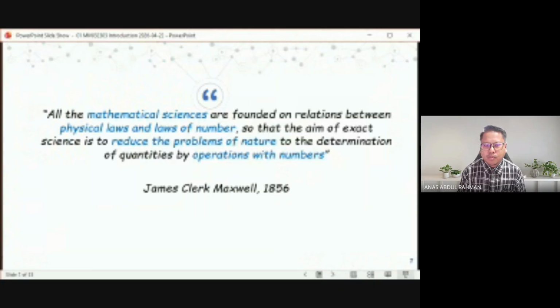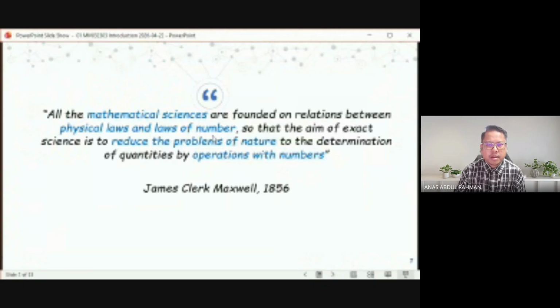So what does it mean basically? If you want to study something, pretty much everything that we are learning right now can be divided or simplified by laws of numbers, meaning numerical equations. So that's what these scientists said, and that's what CFD is basically. That's what we're going to have a look at.